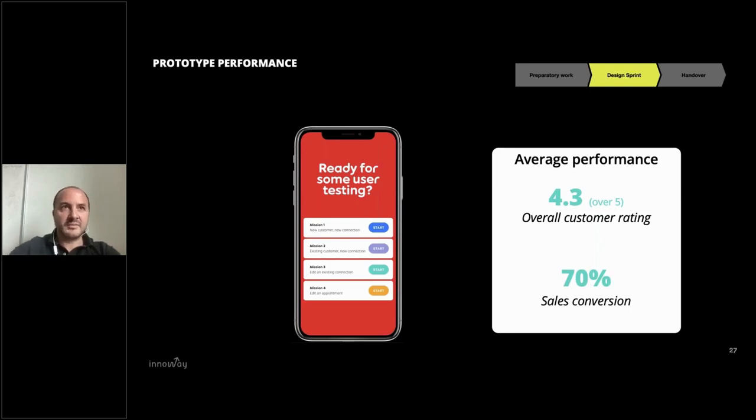In this example, the scenarios were to measure how fast people can buy a SIM card online and what would be the satisfaction of the process of doing that. We were also measuring other things, but for the sake of the example, we limited to these two. And those were the results.